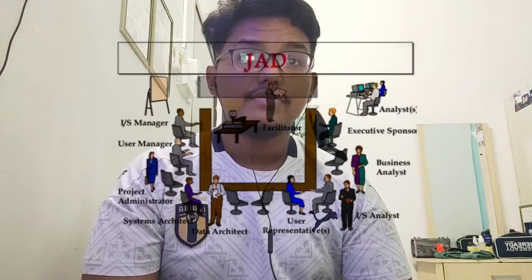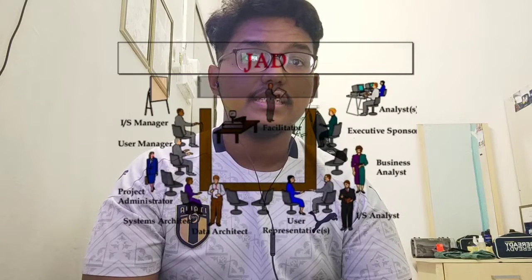Today I will talk about participants in joint application development. Participants of this session will typically include facilitators, end users, developers, observers, mediators, and experts. I'll put a diagram to explain who the participants in joint application development are. The first one is facilitators.